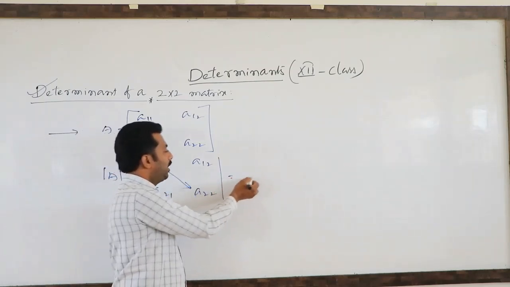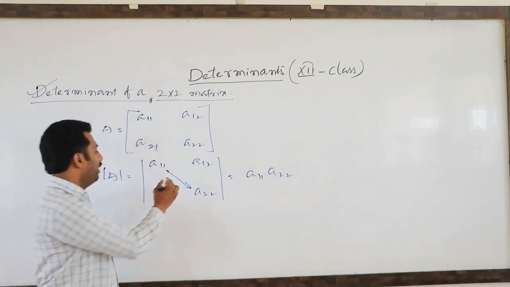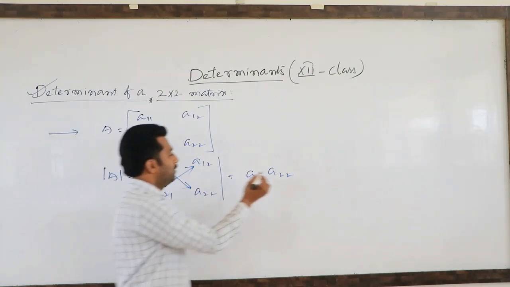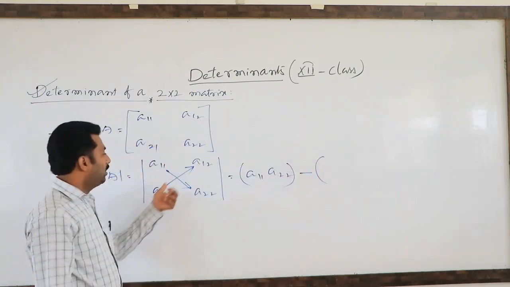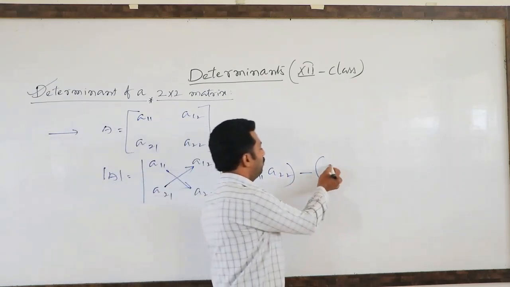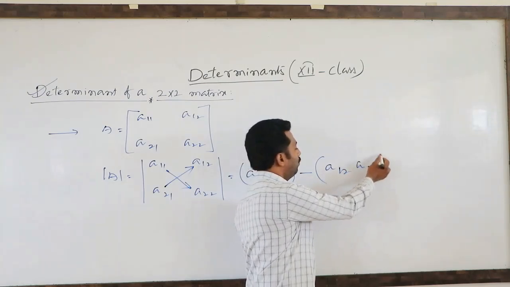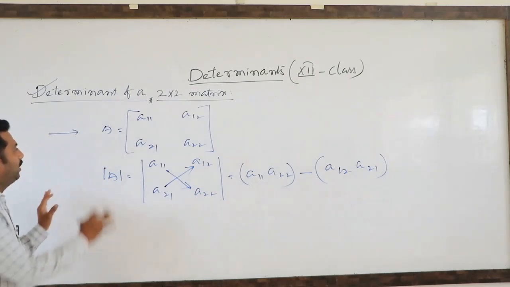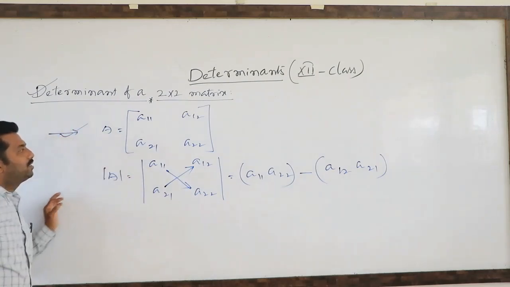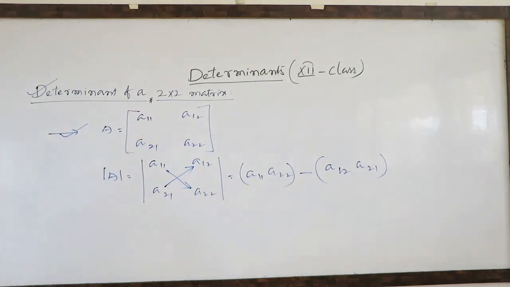The product of the principal diagonal elements, a11 a22, minus the product of the non-diagonal elements, a12 into a21, or a21 into a12 also you can write. So this is the definition for a square matrix of order 2 by 2. Some problems we'll see in that case.